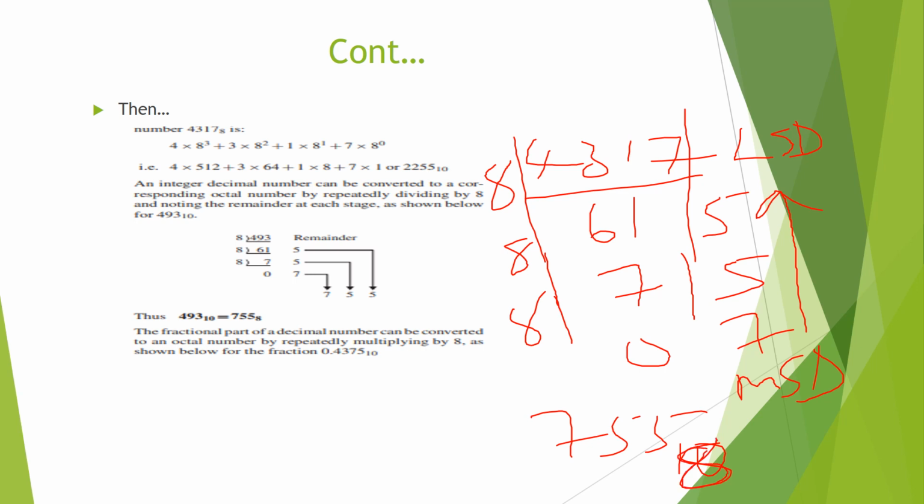So this one is equivalent to 493, sorry, this one was 493, that one was equivalent to 493, not into the base of 10.